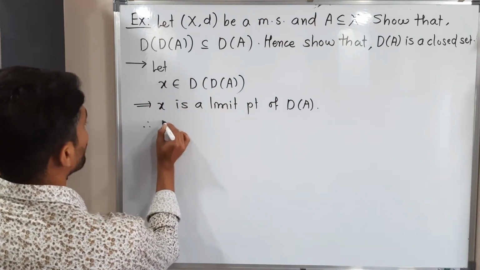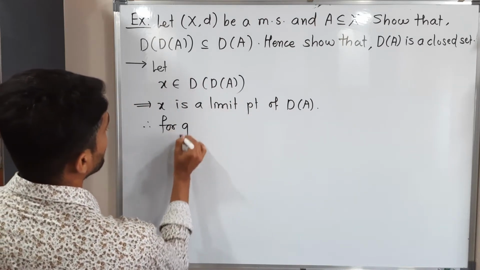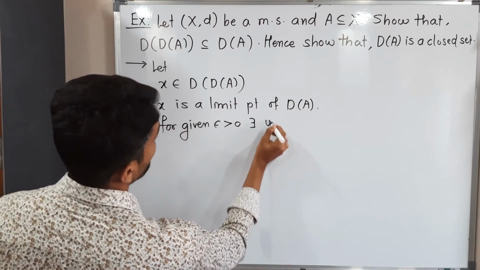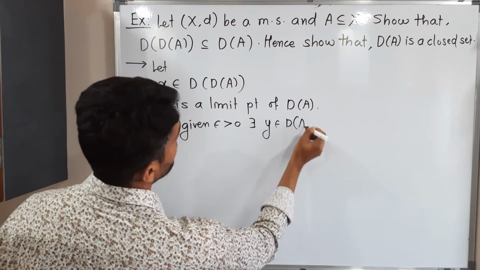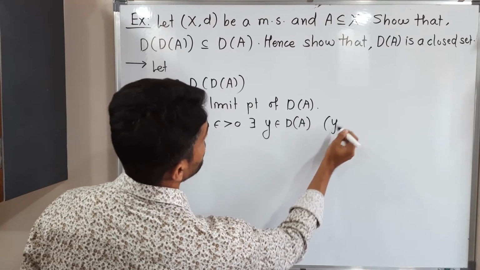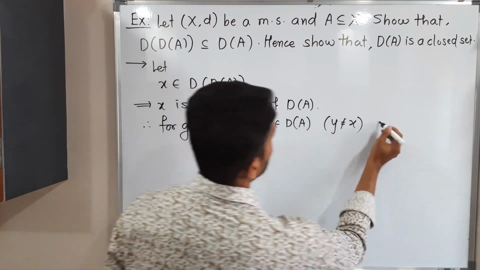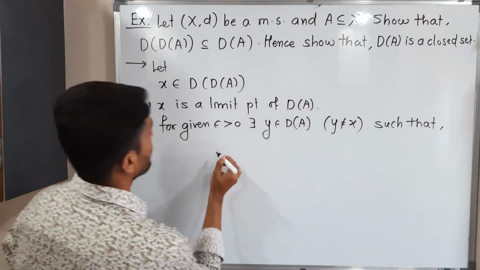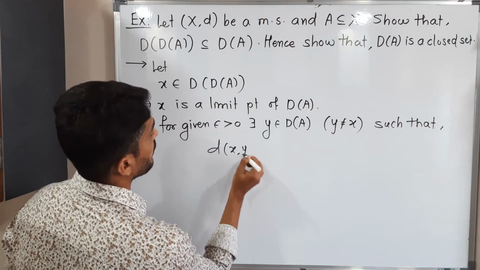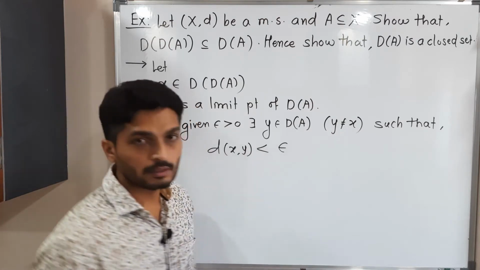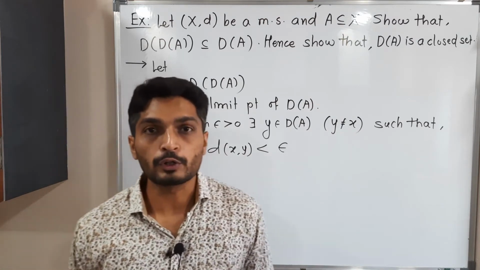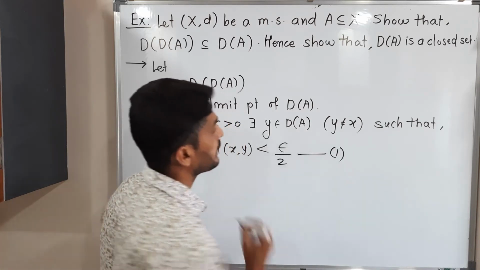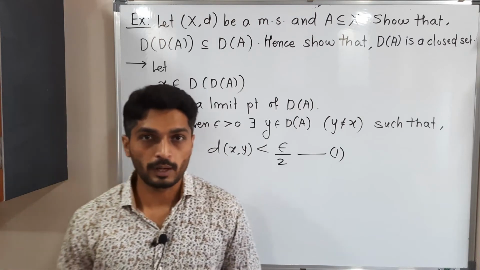So therefore, for given epsilon greater than 0, there exists some y belonging to this set D of A, obviously y not equal to x, such that d of x, y is less than epsilon. See, a small adjustment I am going to do: instead of epsilon, I am going to take epsilon by 2. I will call it inequality number 1.